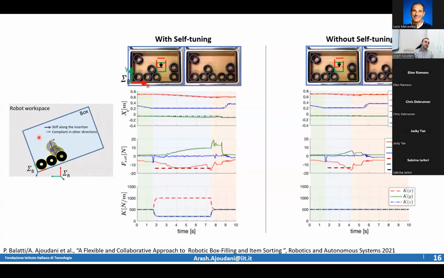What it means, for those who are familiar with stiffness control, is that if you have a rigid constraint in this direction, and you're rigid in the direction of the insertion, and vision gives you some level of uncertainty, you will arrive here and create high interaction forces, and you will break the object or the robot itself. But if you have a good impedance planning, you can actually comply with the environment.